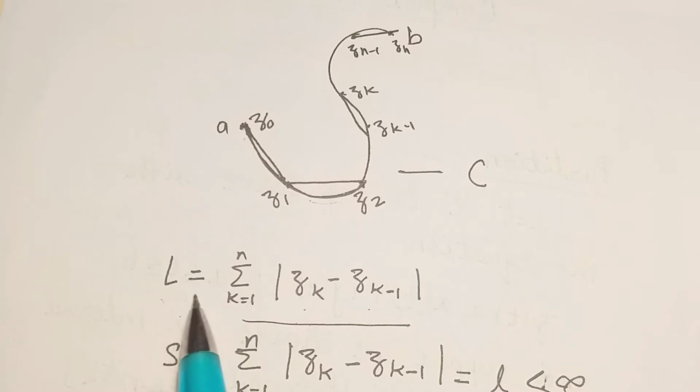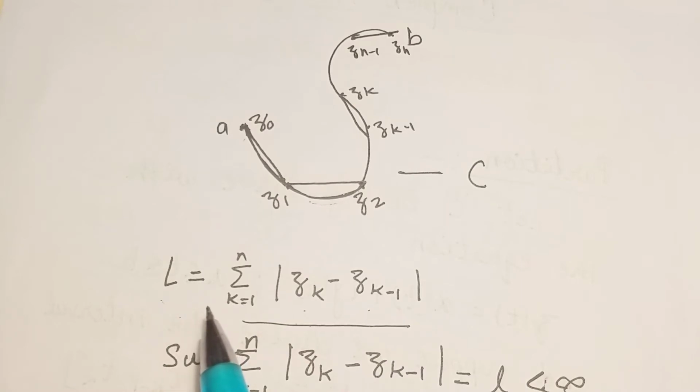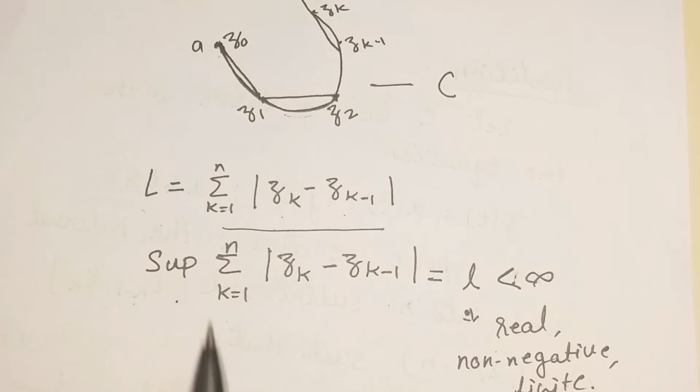This capital L is equal to the summation of |z_k - z_{k-1}|, k varies from 1 to n, and this |z_k - z_{k-1}| is the length of a line segment. So what is capital L? Capital L is actually the sum of all these line segments.